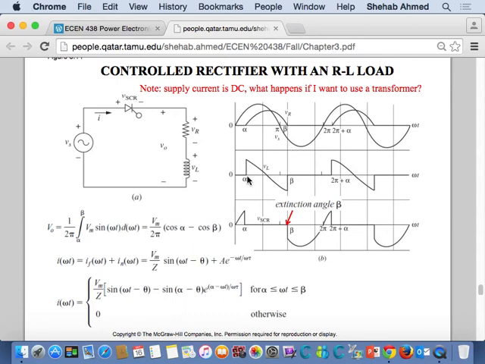I mean, there will be a limit on alpha. You cannot make alpha beyond pi over 2, because if alpha is beyond pi, what's cosine 180? Is it 1 or negative 1? Negative 1.